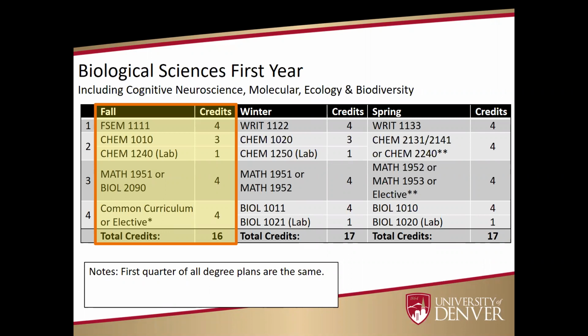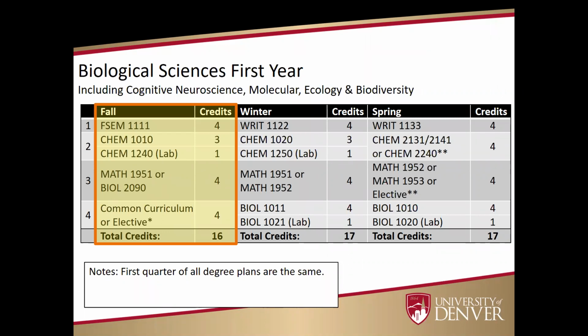The third recommended class would be starting your math sequence. So you would be taking typically Math 1951, which is Calculus 1, or if you come in with Calculus as an AP or IB, you can also take Biol 2090, which is our biology statistics.